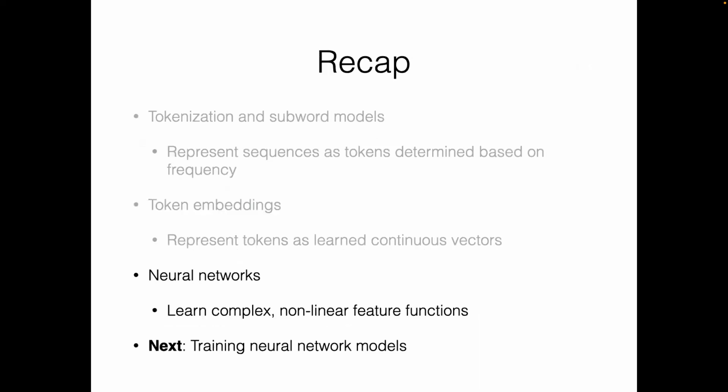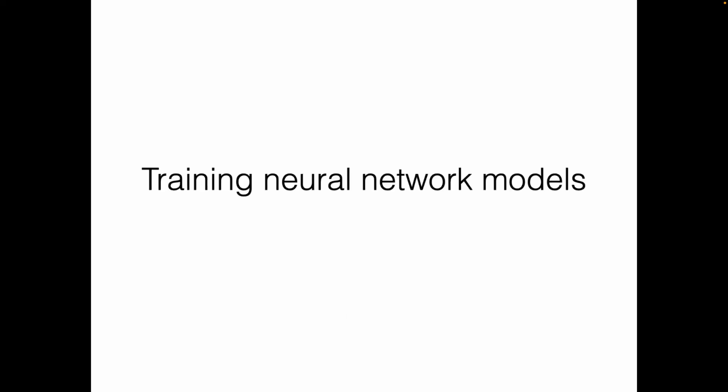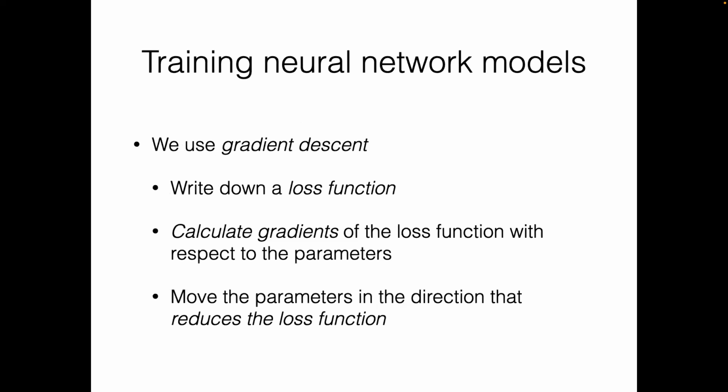Okay, so that was a really quick introduction to the deep continuous bag of words. And so now we're going to go into some detail about training the neural network models. So here at a high level, the strategy is to use gradient descent. So what we're going to do is write down a loss function, or gradient-based optimization, I guess would be more general.